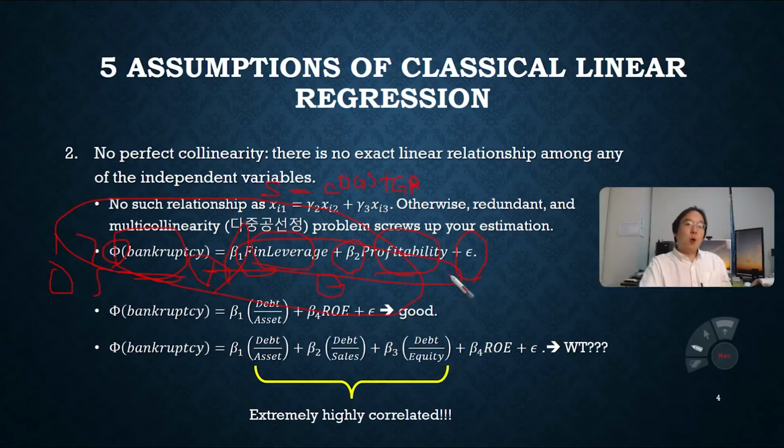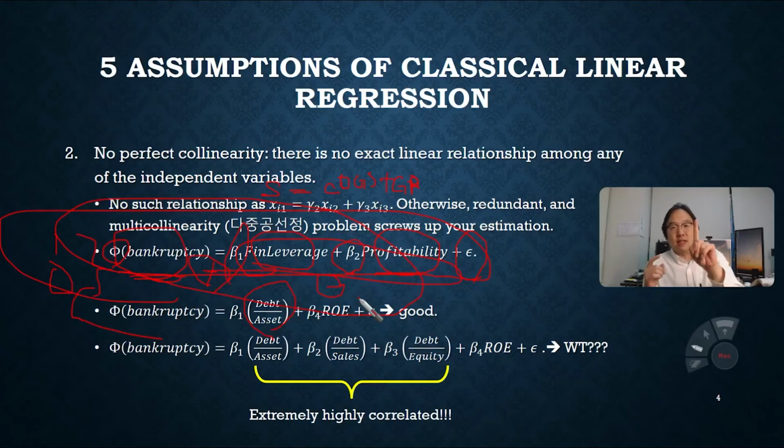Anyway, our economic theory tells us this part, and for empirical testing with the data, we need some leverage-related variable. We just need one leverage variable and one profitability variable.